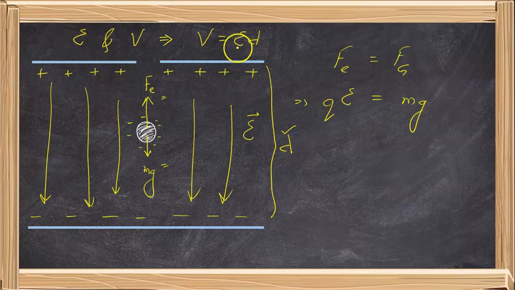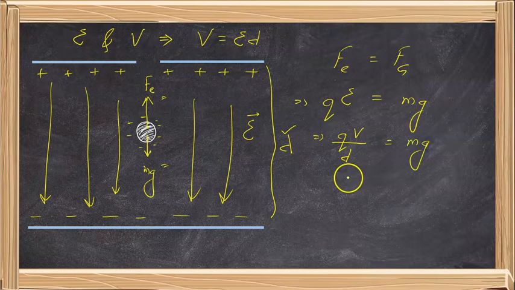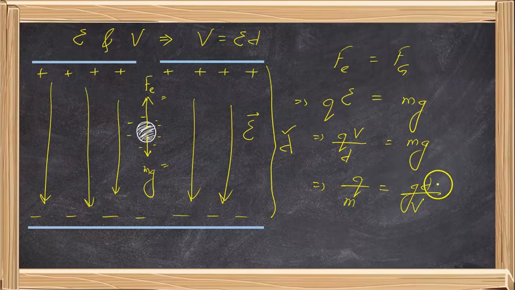So your E can be written as V by d. So this equation becomes Q V by d is equal to mg, and if you rearrange it, we get Q by m is equal to g d by V. So by substituting the values of g, d and V, we can find the charge to mass ratio.